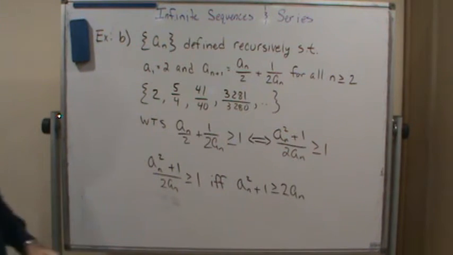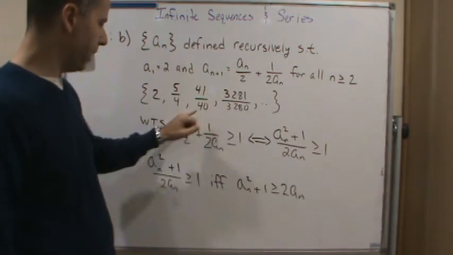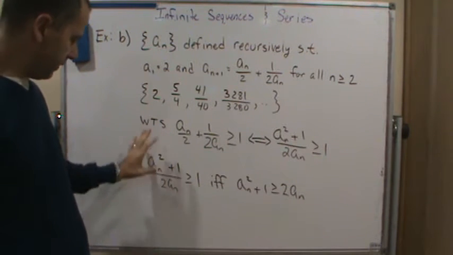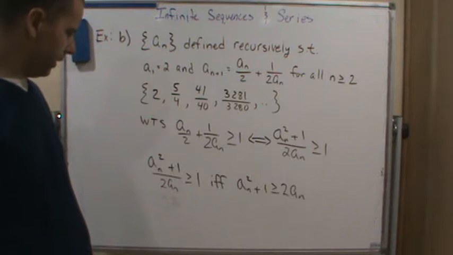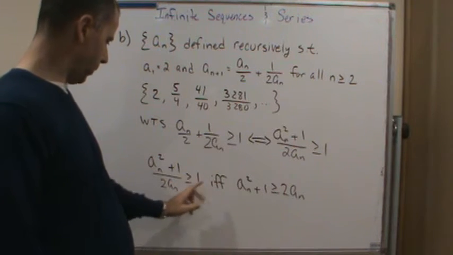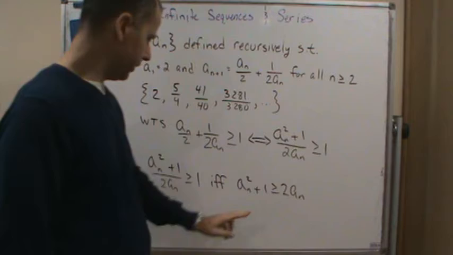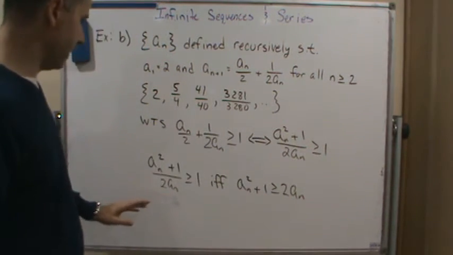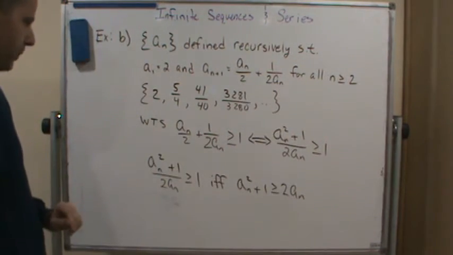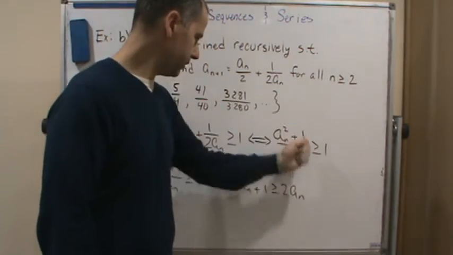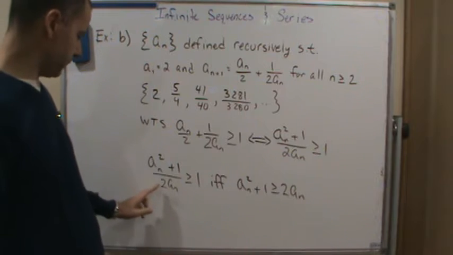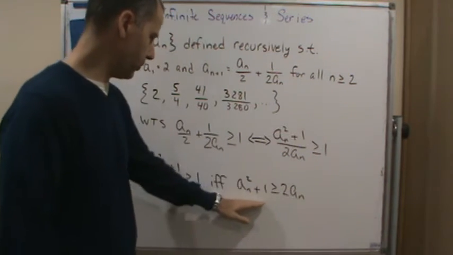Okay, now why do we need to know that these are all positive in order to do that? Well, because if all the terms are positive, then when we multiply both sides by 2 a sub n, we can keep the inequality in the same direction. Okay, so that's why it's if and only if. Then we can multiply both sides by 2 a sub n, and now we have to show this.